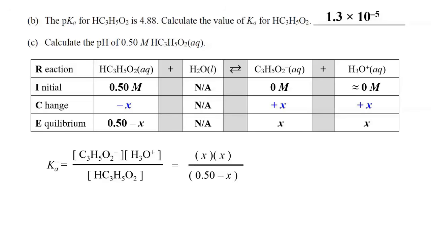And that simplifying assumption is that the value of X is so much smaller than the initial concentration of the weak acid that we can assume that 0.5 minus X is equal to 0.5. That's because X is much smaller than 0.5. We do this so that we can simplify the math, and you'll never have to use the quadratic formula to solve a question on the AP Chemistry exam.